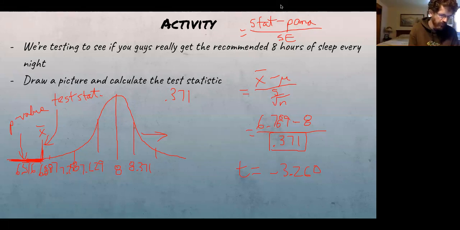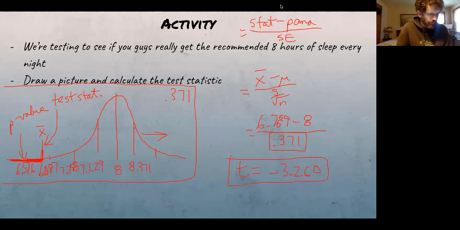From the diagram we drew right here, and this is why that diagram is so important, and from this test statistic, we should be able to infer that it's highly unlikely that we get this. And look at where the p-value is pointing in that diagram. That area under the curve is very, very small. I don't know the number, but it's very small. And with that, that's going to tell me that this is highly unlikely just to happen by chance. That I picked 19 random people who happen to sleep way less than 8 hours per night.